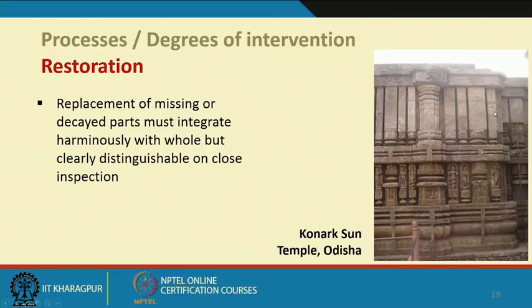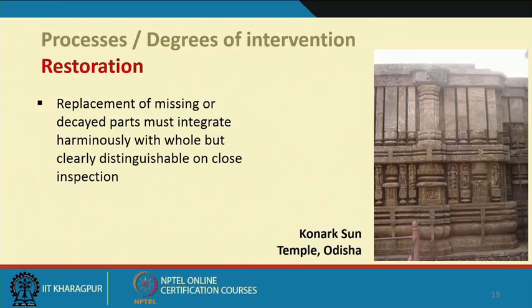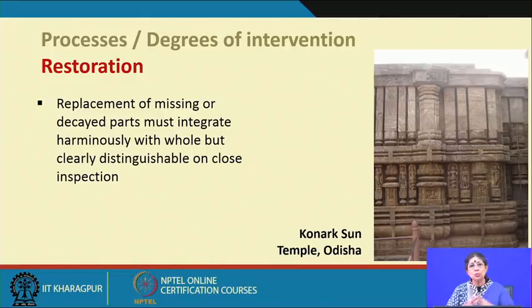The new materials have been put back to give a complete concept, which when one comes closer one can see is a new addition, but from far away it looks complete. Even if the craft and skill may be available, it is not advisable to put sculptures or carvings on that, because it is important to tell the people that it is a new addition.